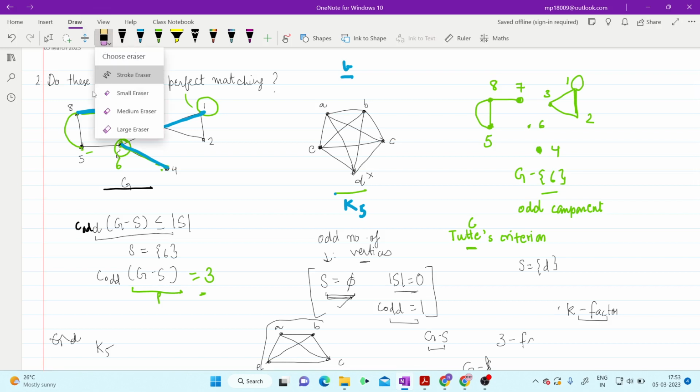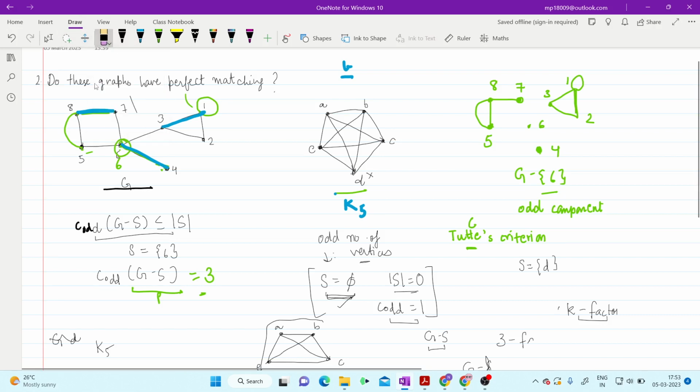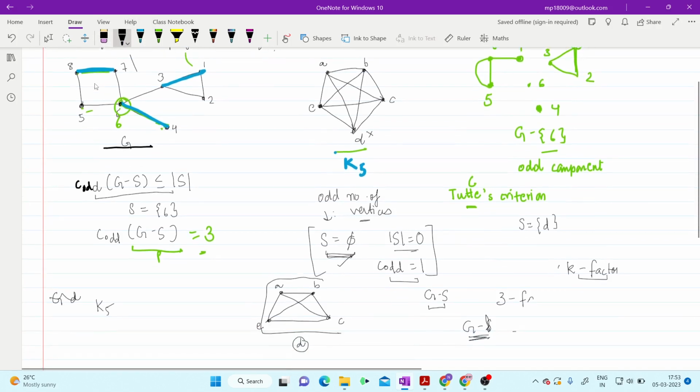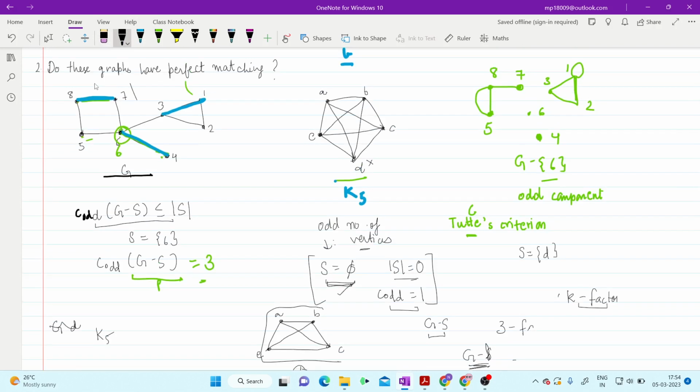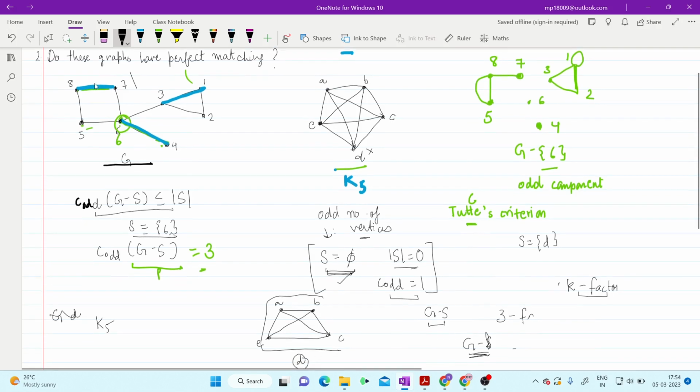Getting back to my original example, we did not have this edge. So we are saying that this graph does not have a perfect matching, because if I take my S to be just 6, then what is G minus S? G minus S comes out to be this graph, which has three odd connected components.